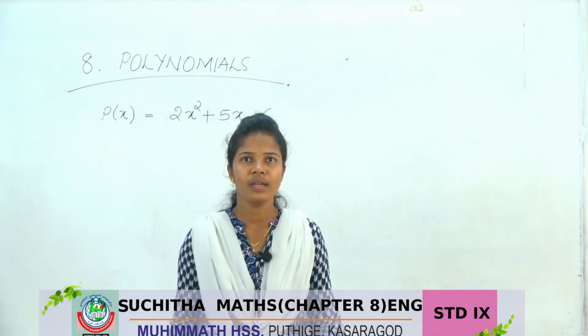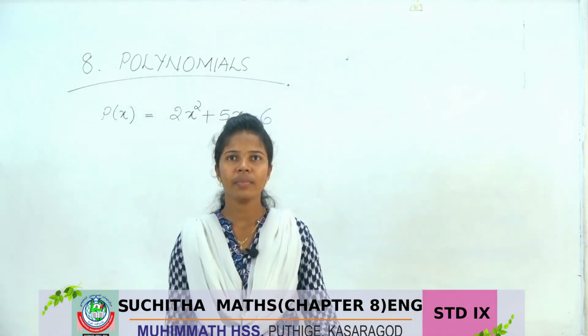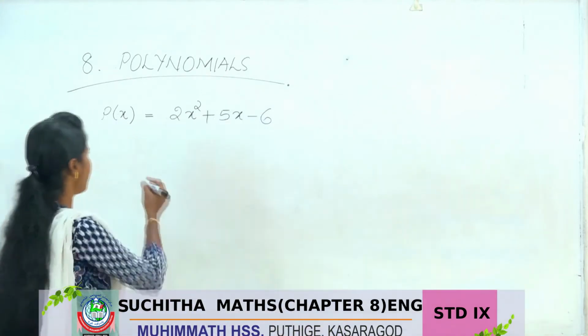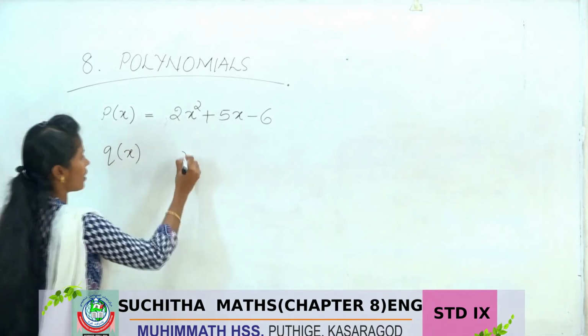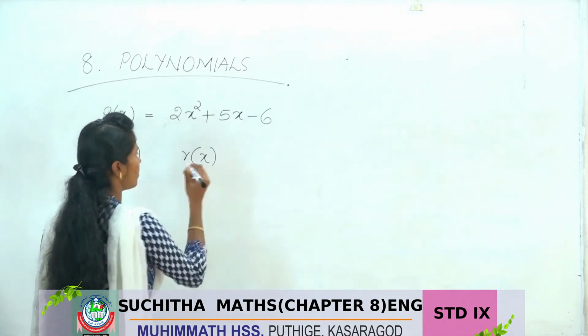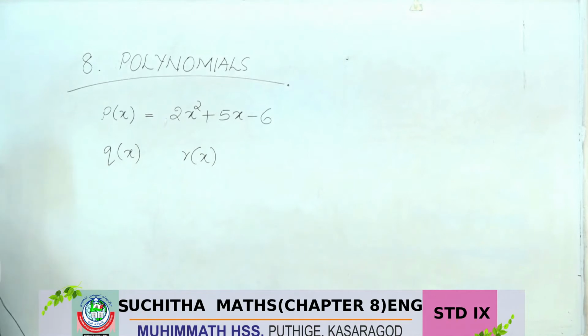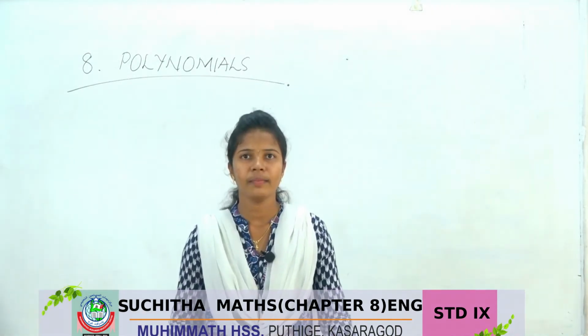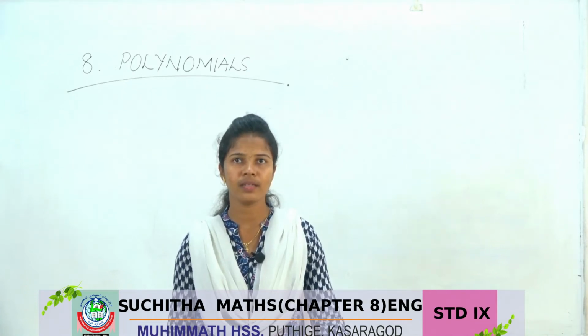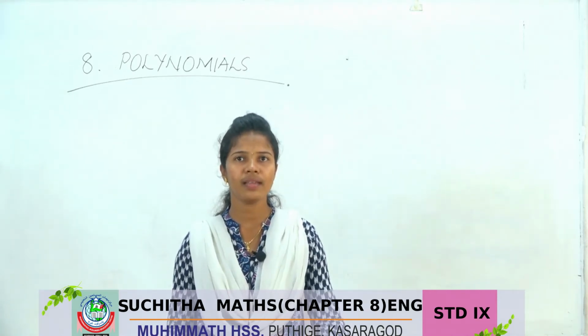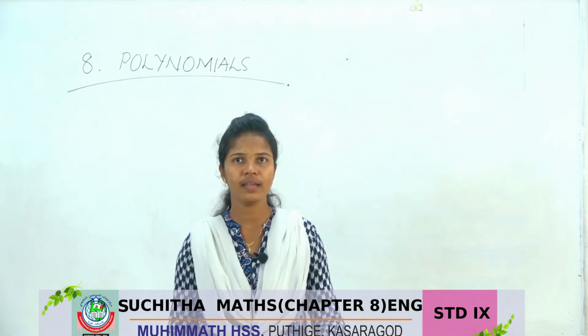Understood? So polynomials are denoted by p of x or q of x, r of x. These are some notations. And mainly we are studying three polynomials: first degree polynomial, second degree polynomial, and third degree polynomial.